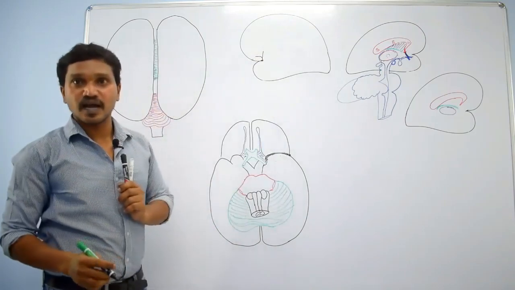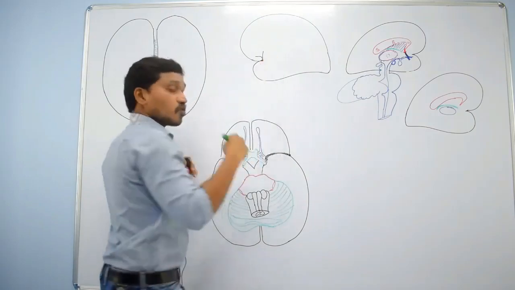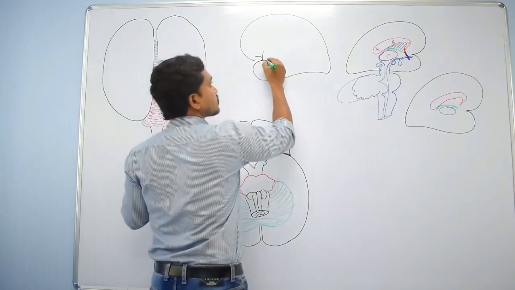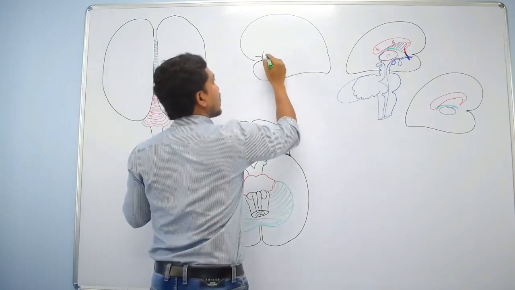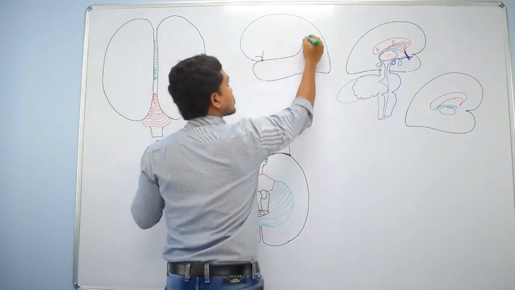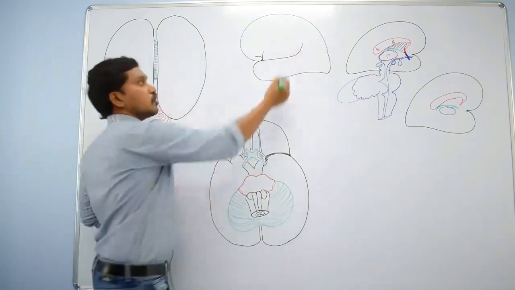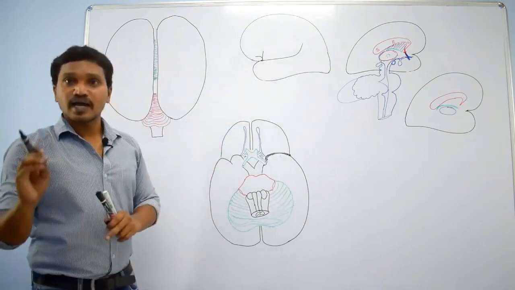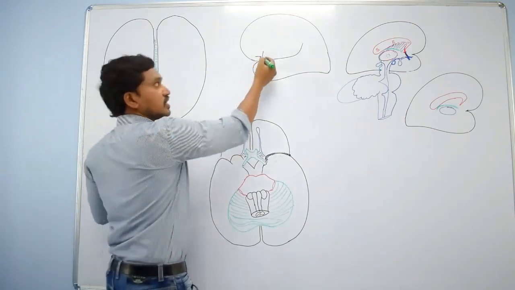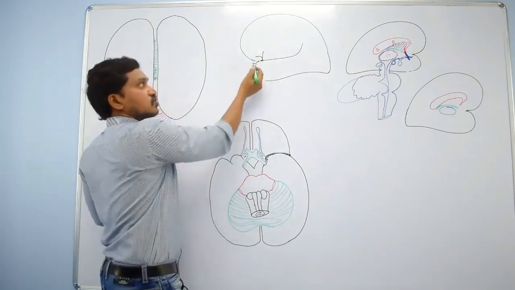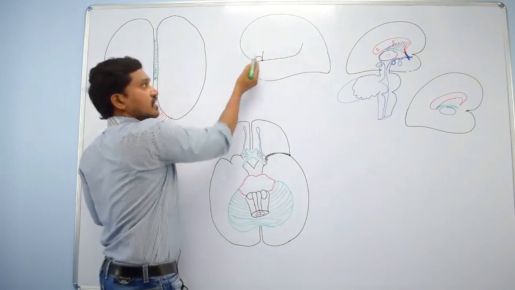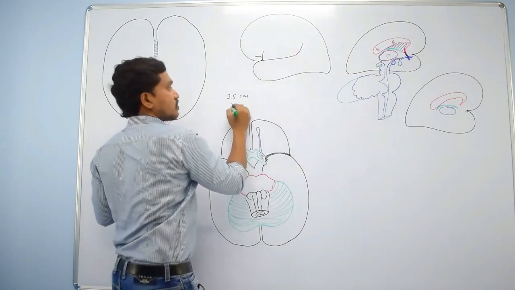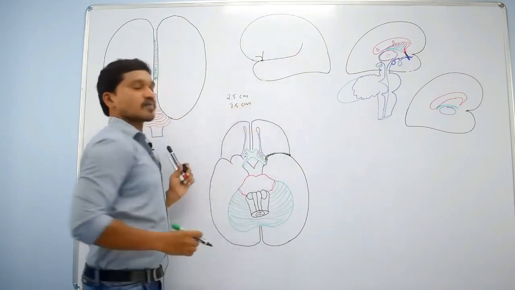The posterior ramus does not give any branch; it goes backwards and ascends, or upturns, into the parietal lobe. So this is about the lateral sulcus. The length of the anterior horizontal and anterior ascending is 2.5 centimeters each, and the posterior ramus is 7.5 centimeters.